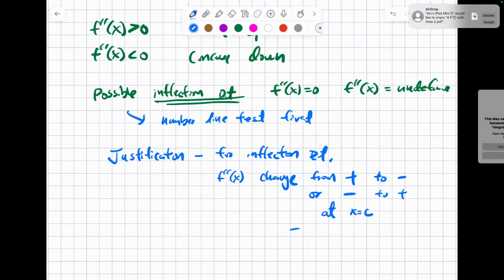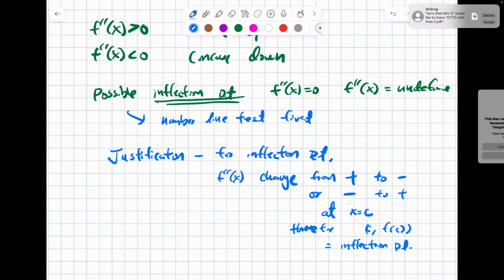Therefore, c comma f of c is an inflection point. So if they say, hey, where's the inflection point? You can say x equals 2. But how do you justify? You're going to say, well, f double prime of x changes from positive to negative or negative to positive at x equals 2. Therefore, 2 comma f of 2 is an inflection point.